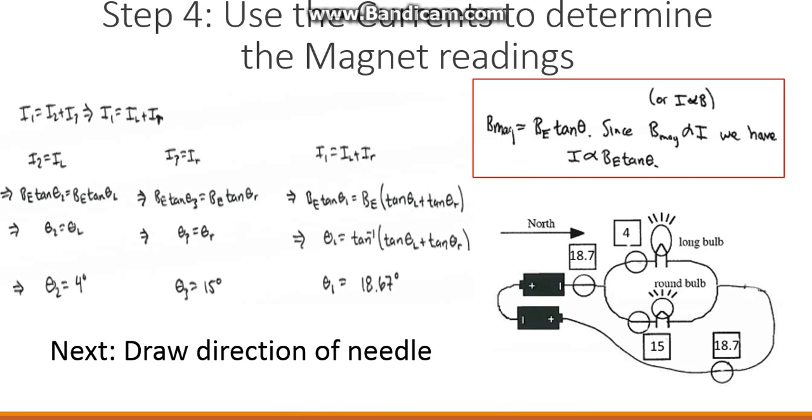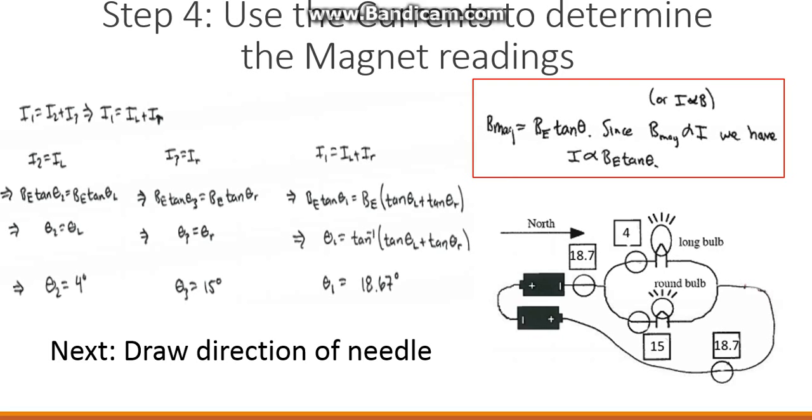Next, we will use this to determine the different thetas for each compass. Since I2 is equal to I long, we find that theta 2 is equal to 4 degrees as well. And since I3 is equal to I round, we find that theta 3 is equal to 15 degrees.